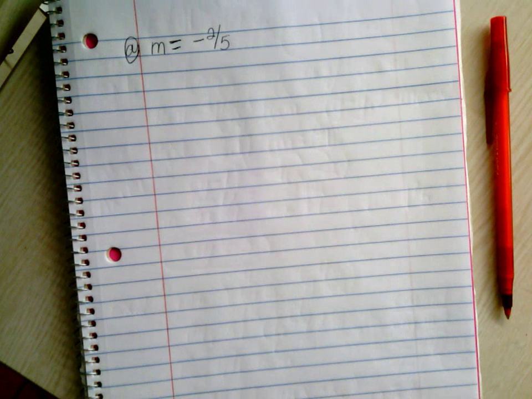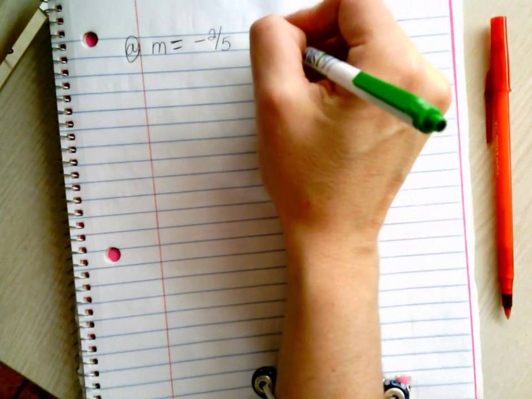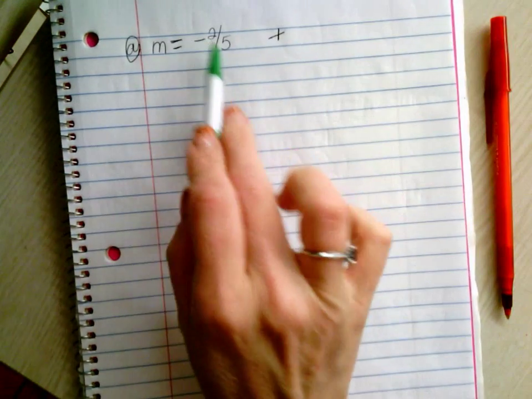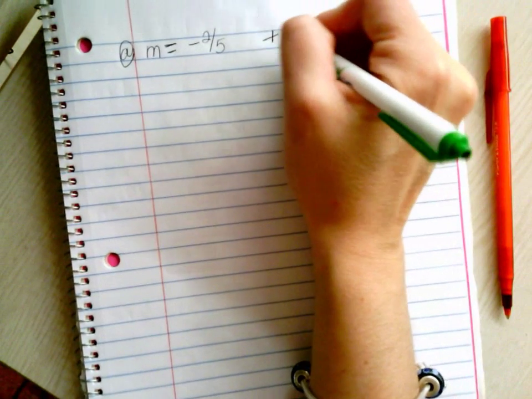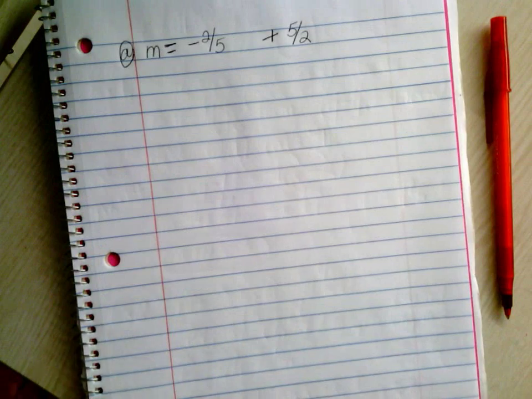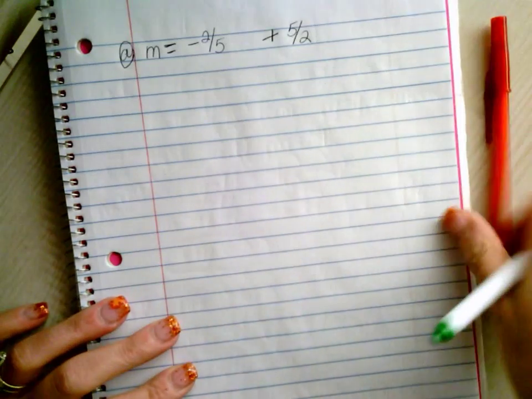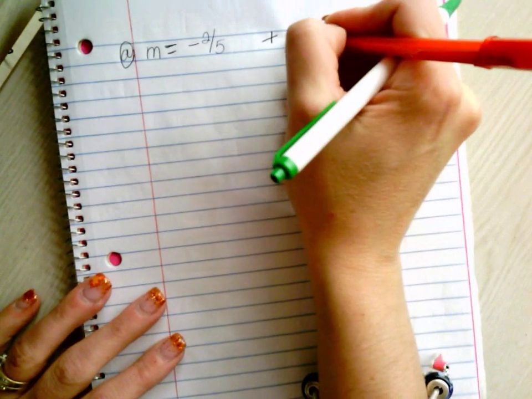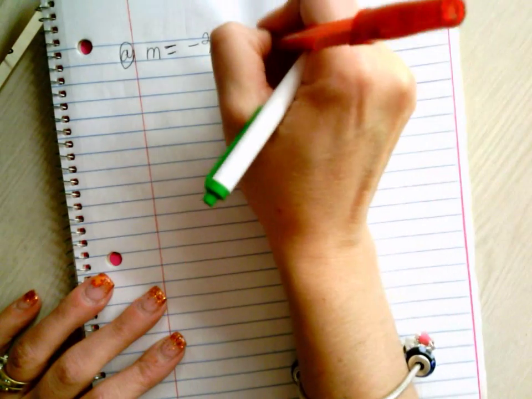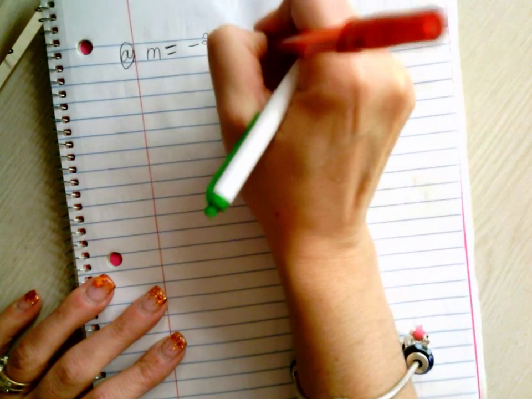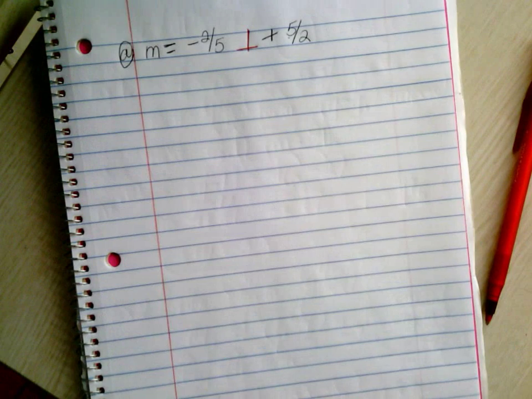Line 2 is going to be the negative reciprocal. The opposite of this is positive, and the reciprocal of that is 5/2. So a line with this slope is going to be perpendicular to the line with that.